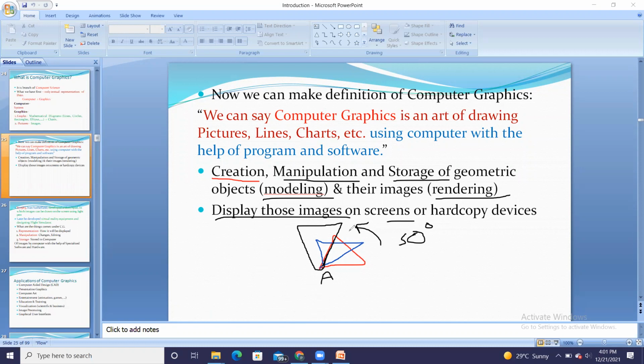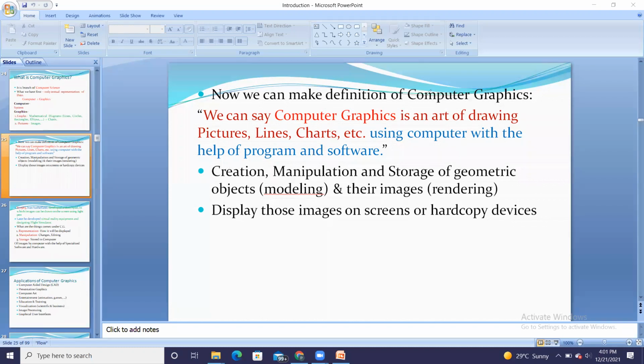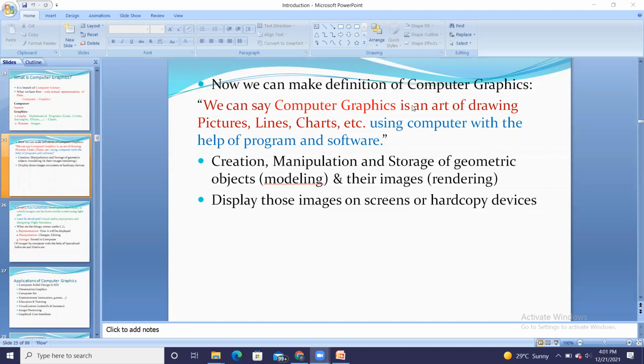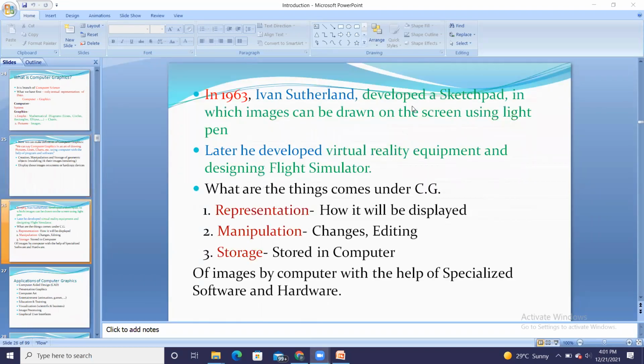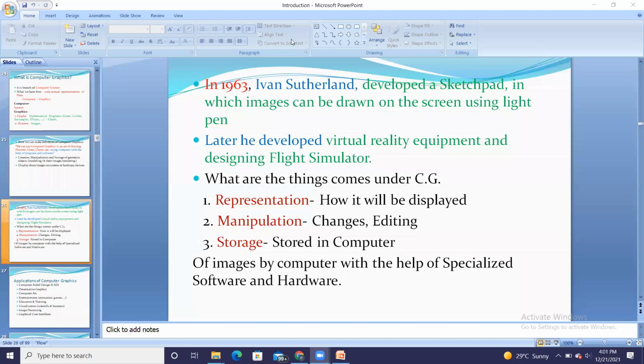The whole process is considered as the computer graphics process: drawing the object, manipulating it, storing it, and then displaying it on the output screen.